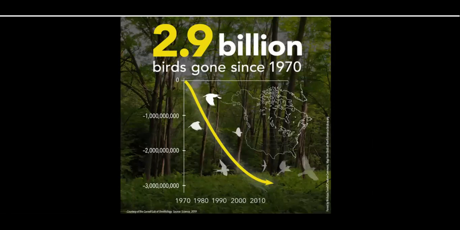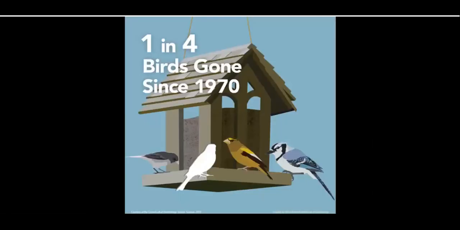So that's kind of hard to quantify. When you get to numbers that big, it's kind of hard to wrap your brain around. So how this breaks down is that we're looking at about 1 in 4 birds gone since 1970. So that puts it in context of how many there were and how many there are now.